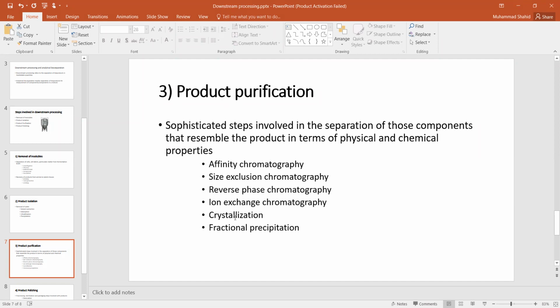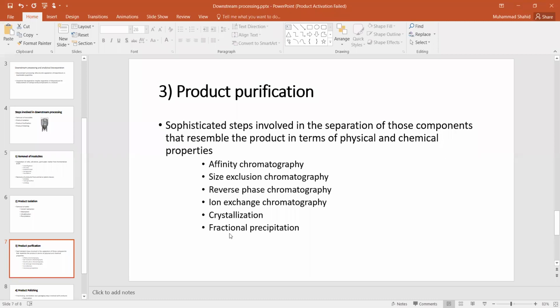Another type of step that could be involved in product purification is called crystallization. It means that we can form crystals of our desired bioproduct, and we can separate the desired product from other impurities or other solutes having similar physical and chemical properties.